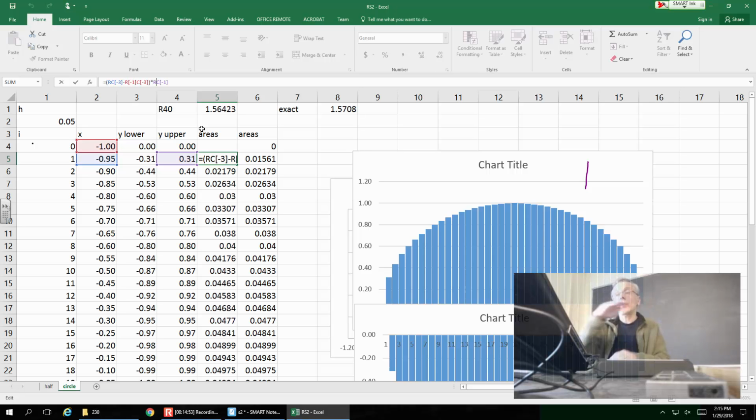Look at the row. Look at each row. It gives you the lower end of that bar and the upper end of the bar. So what's the height?